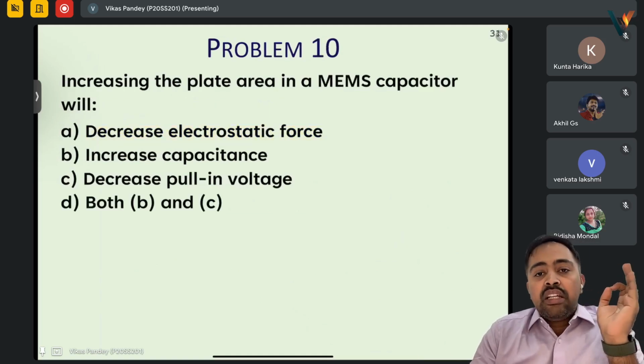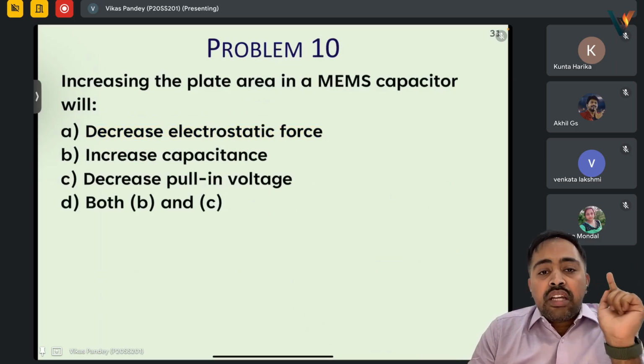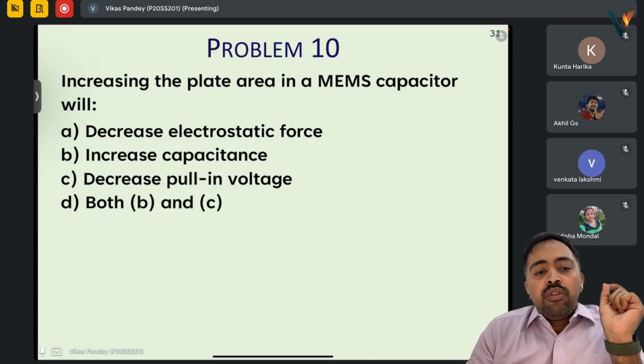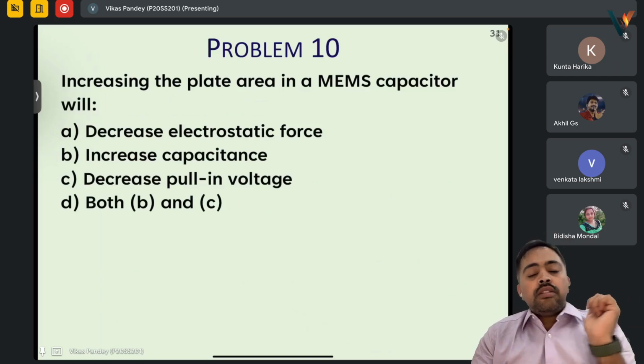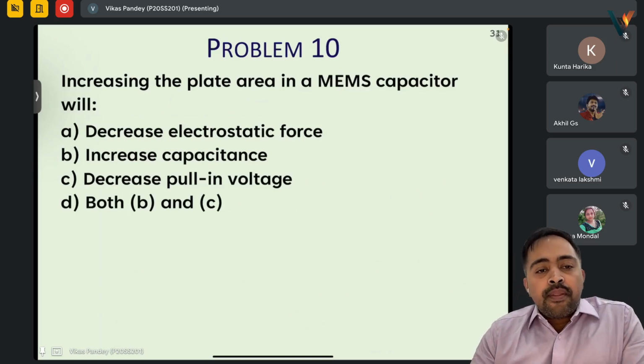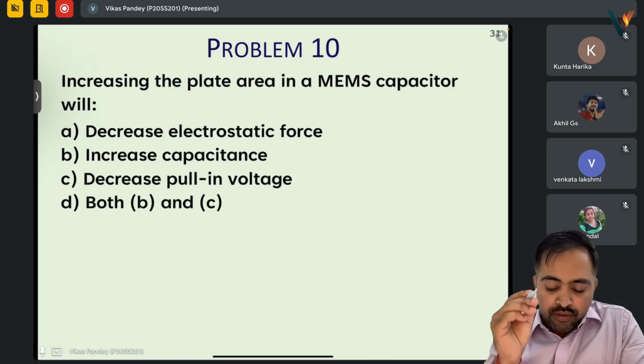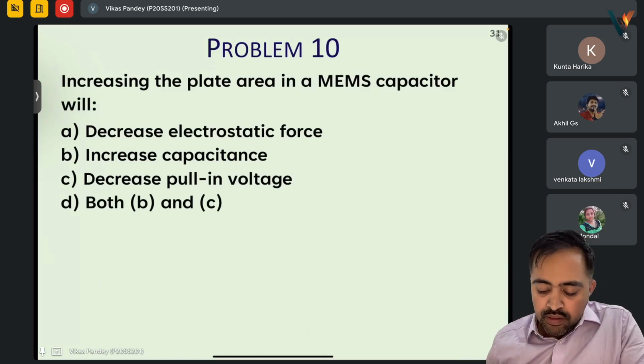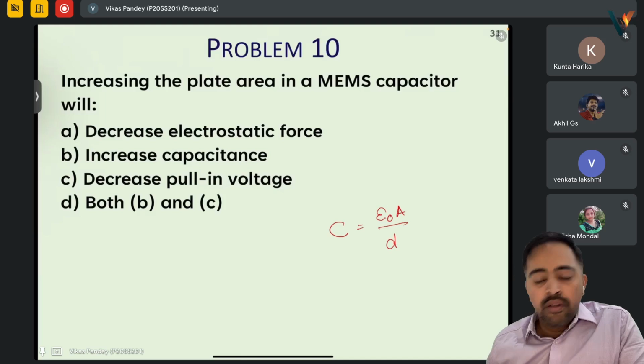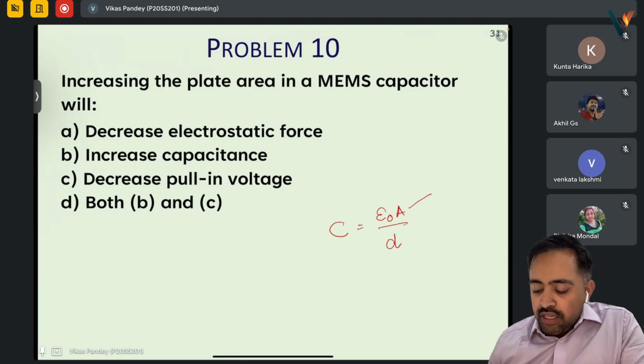Increasing the plate area in a MEMS capacitor will decrease electrostatic force, increase capacitance, decrease pull-in voltage, or both B and C. Remember the equation of capacitance: C equals epsilon naught A upon D. So if we are increasing A, capacitance will increase or decrease?